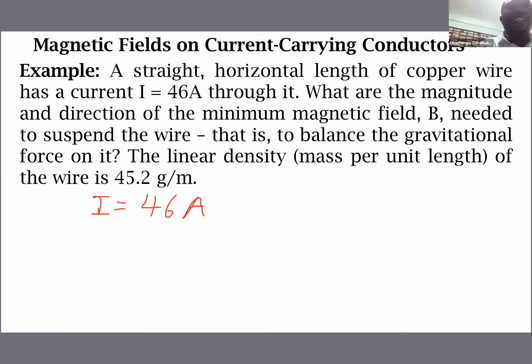What is the magnitude and direction of the minimum magnetic field needed to suspend the wire, that is, to balance the gravitational force on it, if the linear density, mass per unit length of the wire, is 42 grams per meter? So linear density, mass per unit length, 45.2 grams per meter.